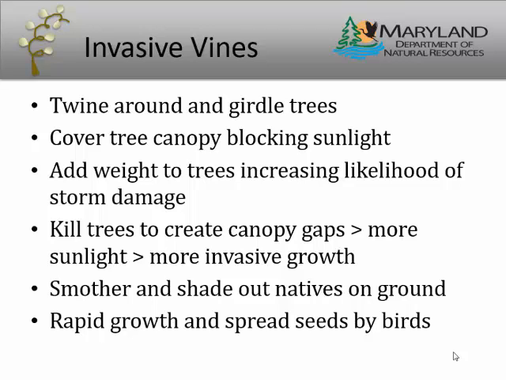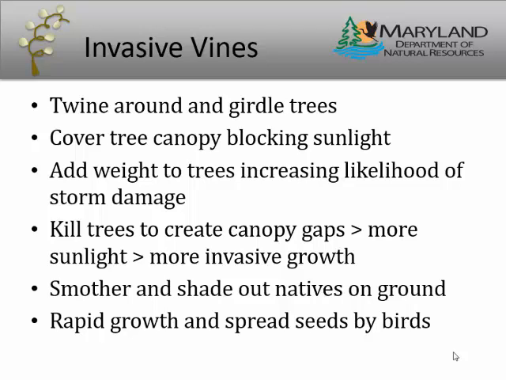And then as the tree is taken down, it opens up this great light gap in the forest, which is part of a natural succession of a forest. But when you have all these invasive seeds surrounding that, that just gives them a great opportunity and some disturbed soils and extra sunlight so that they can get a hold and take over before the natives might even have a chance.